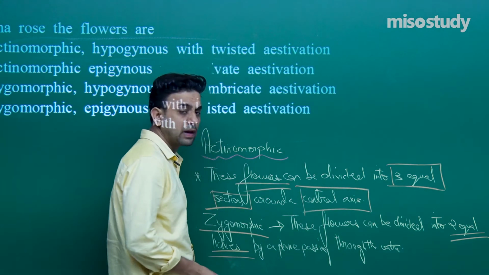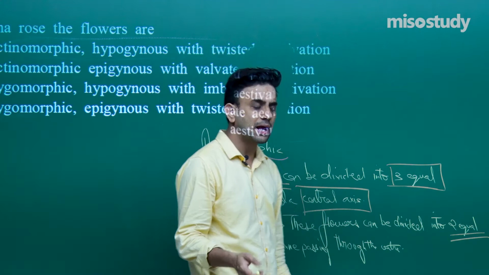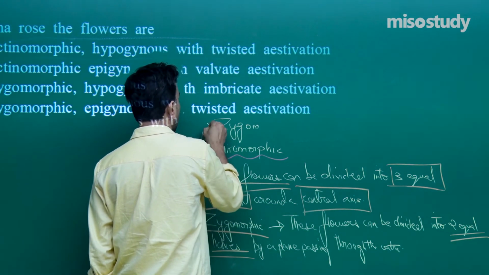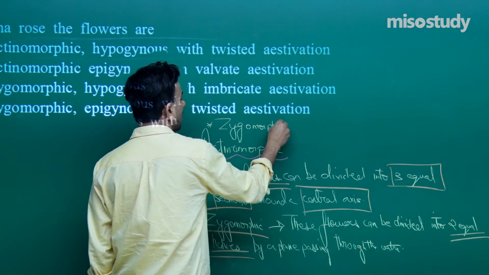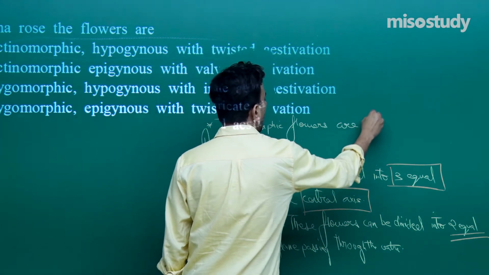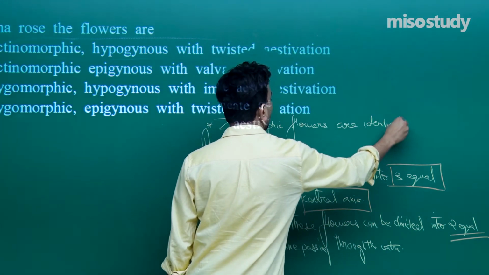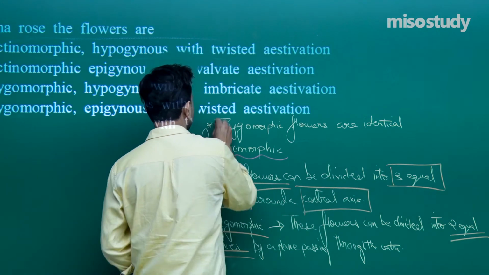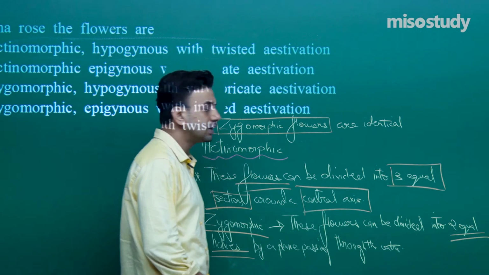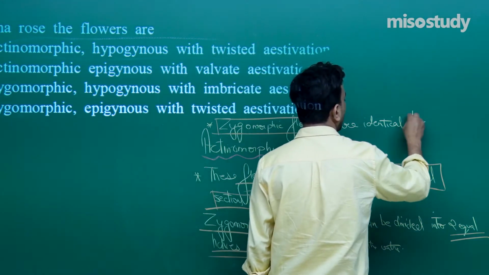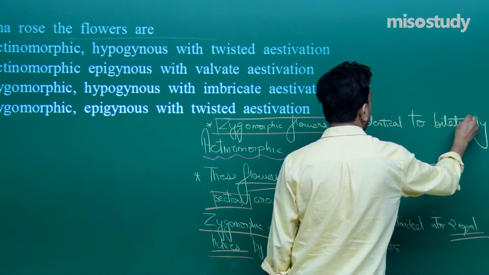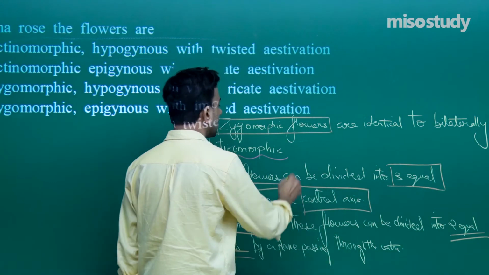That means zygomorphic flowers are identical to the bilaterally symmetrical condition.